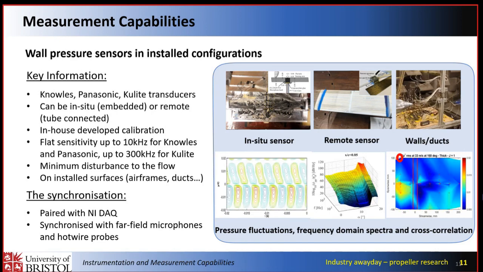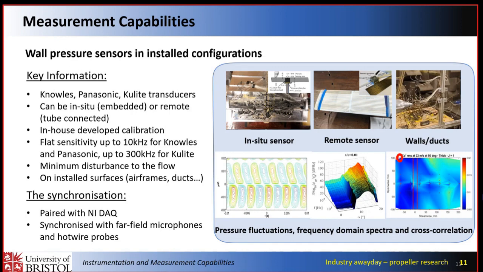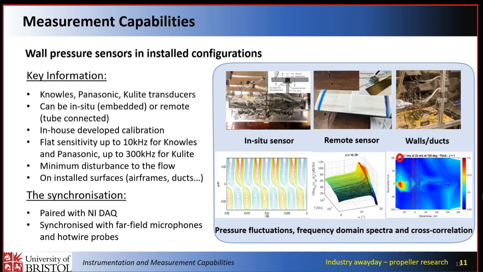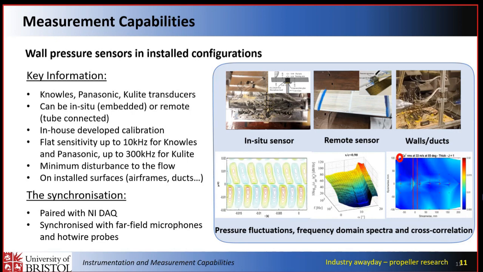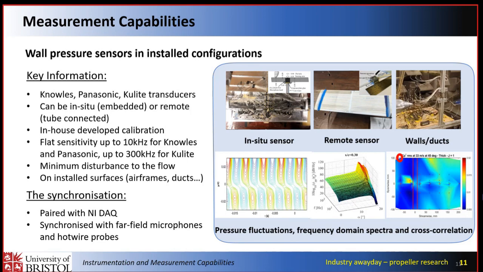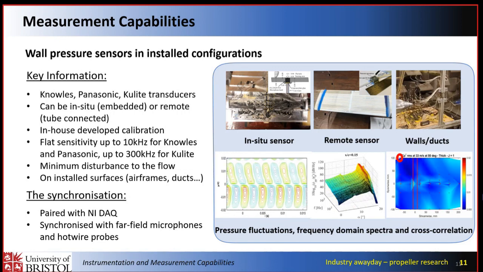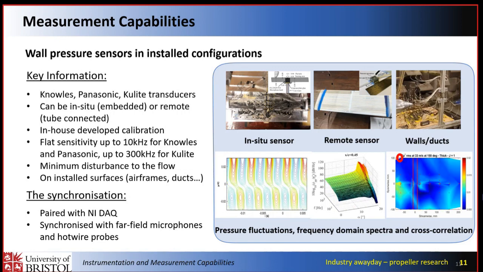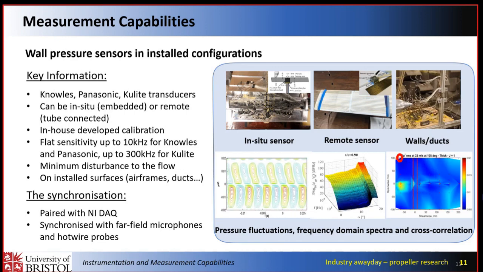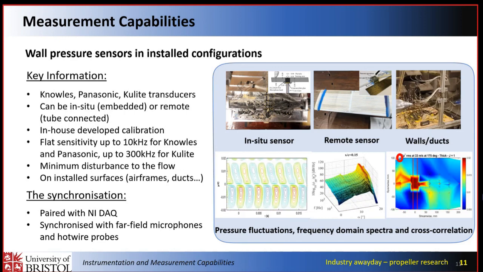And normally the frequency response is pretty good, up to 10,000 hertz and up to 3,300 kilohertz for Kulite, which Hakan has used before. And this is mainly for us to get information out from airframes, again, aeropropulsive interaction type of studies, where we want to understand which part of the pressure is important.